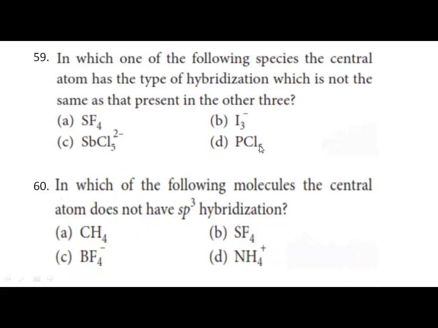You can calculate the hybridization using the formula H = half of (V + M - C + A). Applying it, we find that SF4, I3- and PCl5 all have sp3d hybridization. But SbCl5 2- is sp3d2 hybridized. So these three are sp3d and this is sp3d2, therefore this is different.